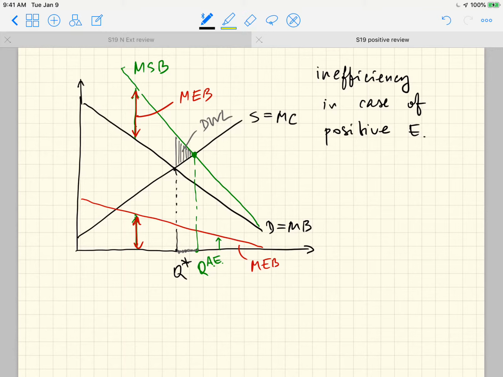Unlike in case of negative externalities, where we figured out that there is a deadweight loss. So here we also have a deadweight loss. But to be exact, here we're dealing with deadweight loss from underproduction. When we talked about negative externalities, there was a deadweight loss from overproduction.